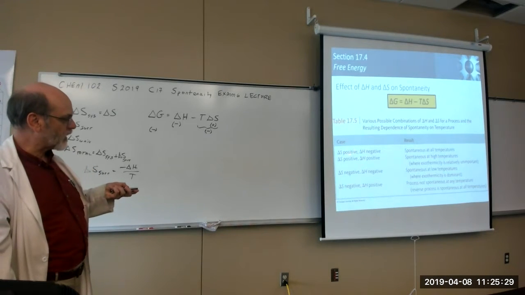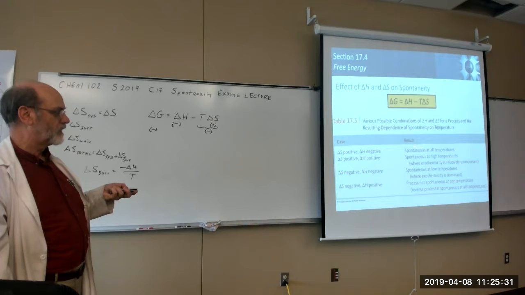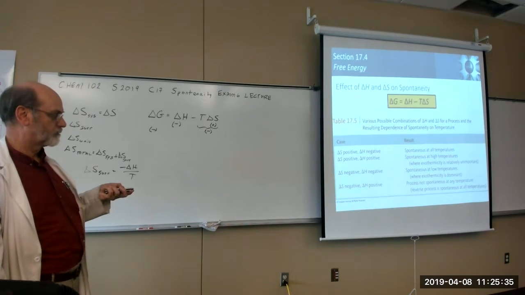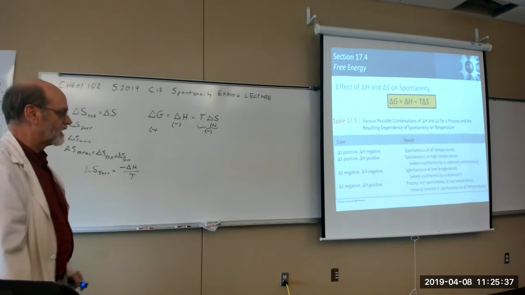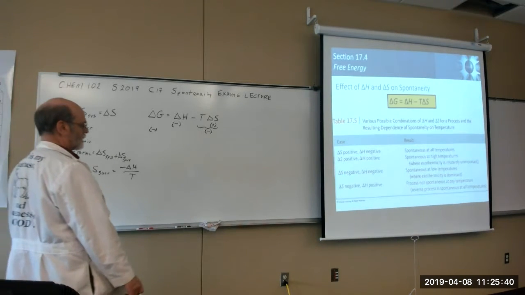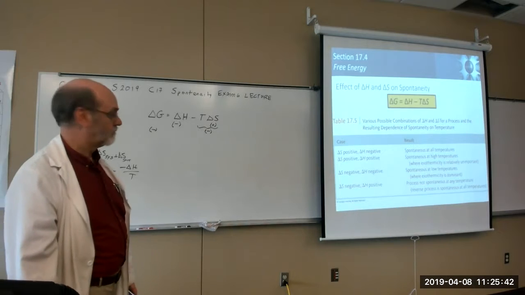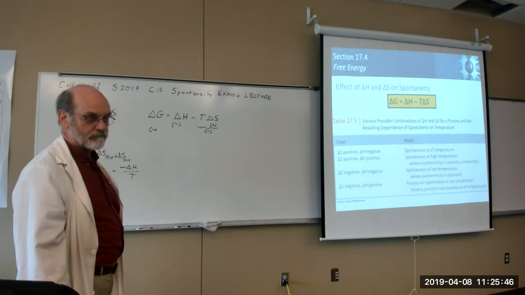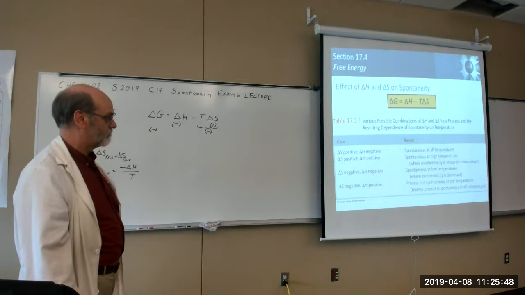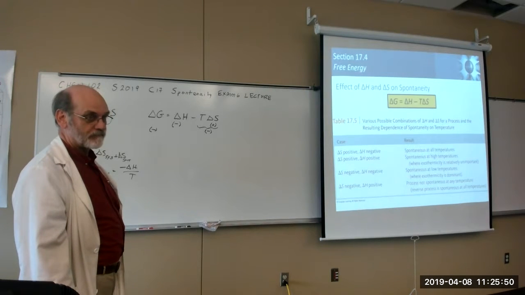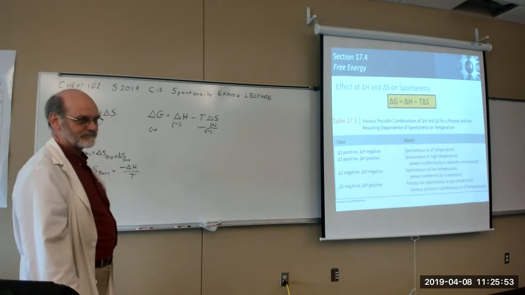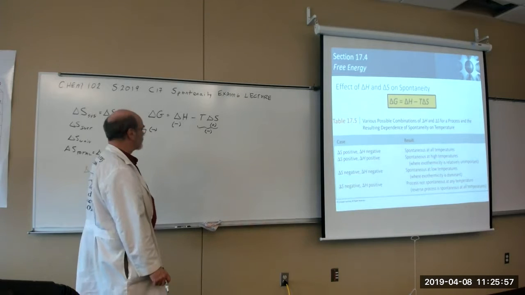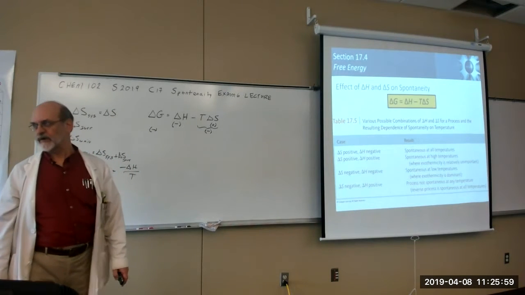So when delta S is positive and delta H is negative, we are spontaneous everywhere and always. So negative delta G is spontaneous. Yes. Negative delta G is always spontaneous.